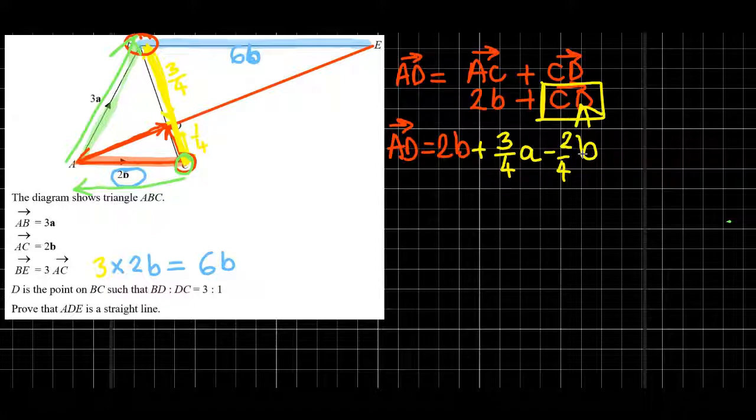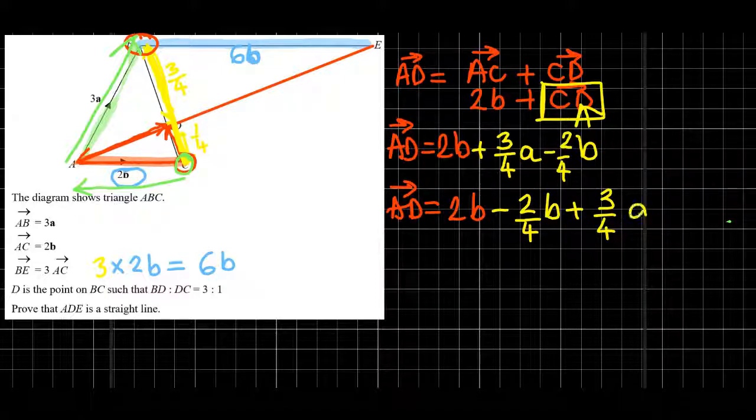And then what we want to do is try to simplify that. So A to D is going to be 2b minus 2/4 b plus 3/4 a.